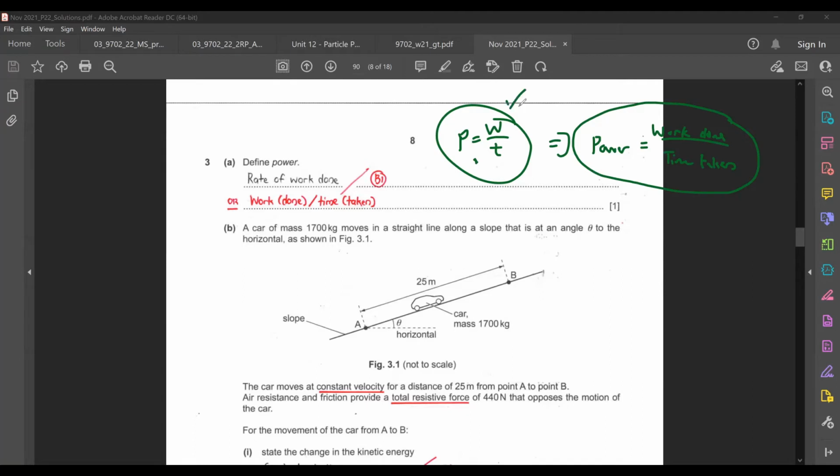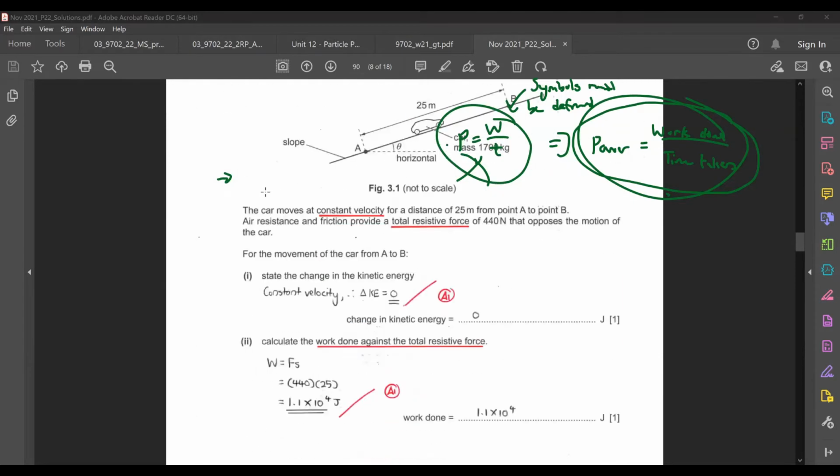If you write it out in symbols, the symbols must be defined. If you just write this equation without defining the symbols, the examiners will not accept that because they don't know what the symbols mean. They want the symbols to be specifically defined. But if you do that, you might as well just write this straight. So you're not writing it in equation form, you can actually just write it in word form like this: rate of work done. That's all there is to this.